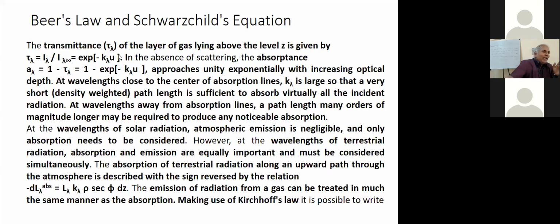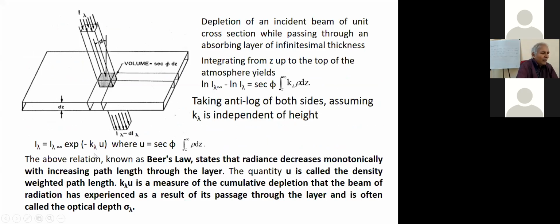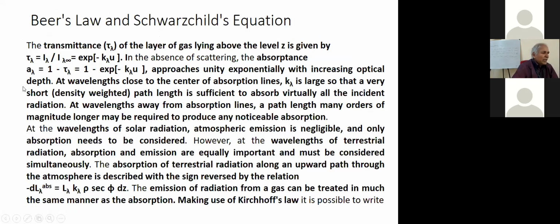And what is getting transmitted is basically your I lambda, right? If you see the previous slide, I lambda is what is transmitted, I lambda infinity is the initial, and this is the amount by which it is depleted. So basically what is transmitted divided by what is incident, I lambda by I lambda infinity, is what we call the transmittance.